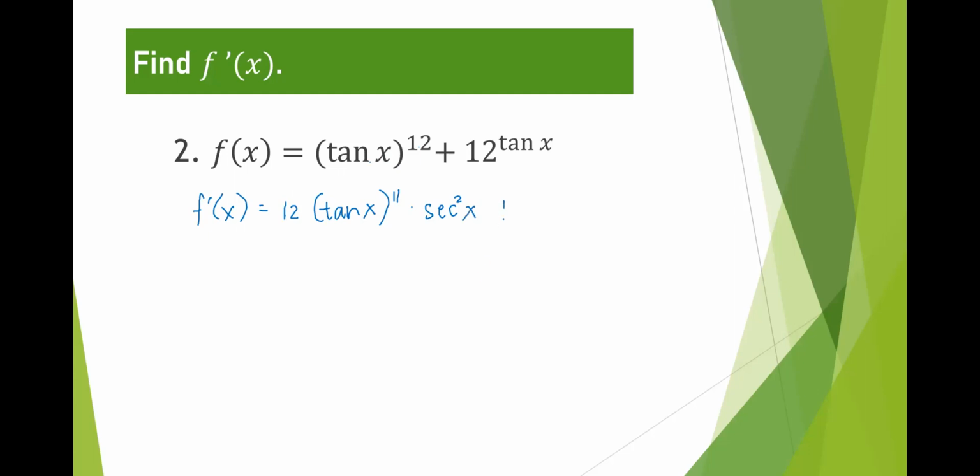Then, on the other side, this will be of the form a raised to u. The base is constant. So, what's the formula for a to the u? What's the derivative of that with respect to x? That's the copy part, ln of your a times u prime. So, there's the copying part, that's 12 raised to tan x times ln of 12.